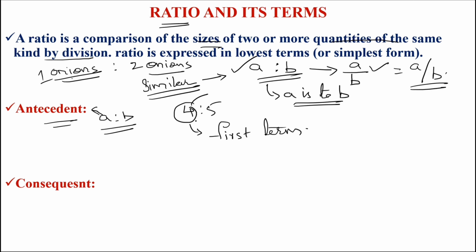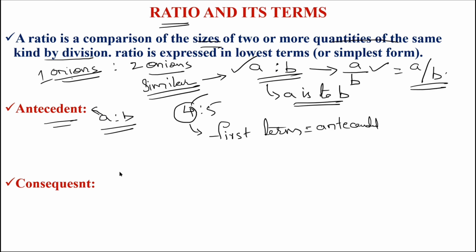Whatever values are present in the ratio are called the terms of the ratio. The first term is also called the antecedent.